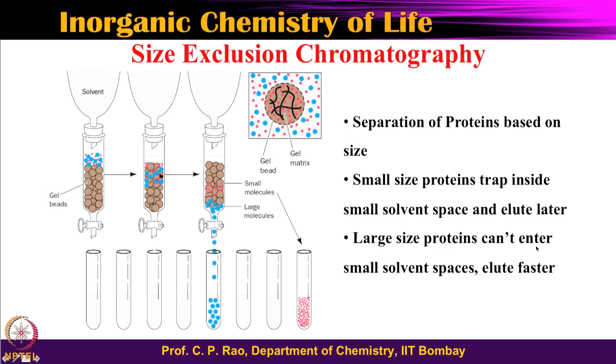And the large size proteins, they will not enter into the pores. If the pores are small, then you can get these out. So, the larger ones will come out first and then the smaller. So, therefore, there is a hierarchy. So, you can separate different sizes of the proteins which are probably impurities in your protein, and they can be separated out, and you are interested in a particular protein.